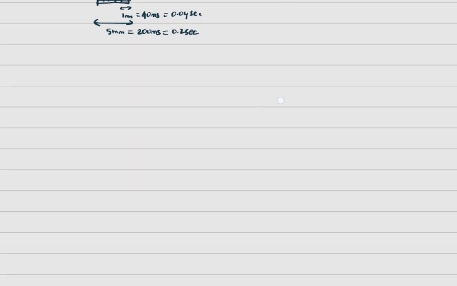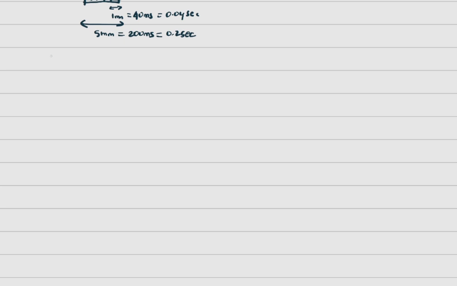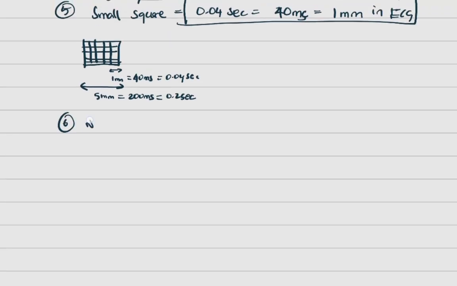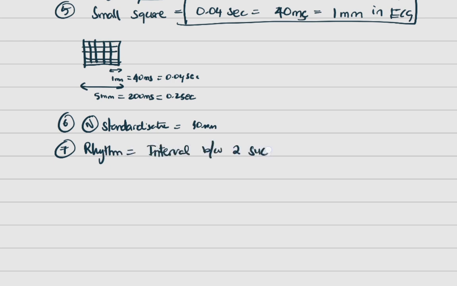These are very important conventions that you need to know. Then the normal standardization, the one we already saw, equal to 10 mm. Rhythm is the interval between two successive R waves. We call rhythm the interval between two successive RR.